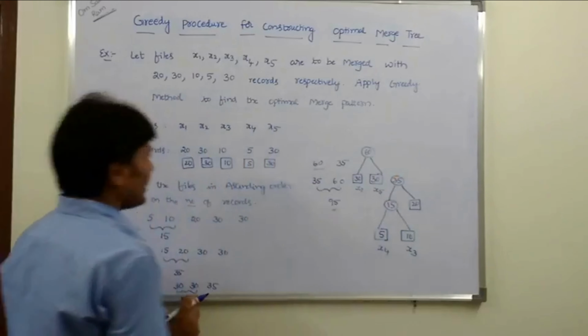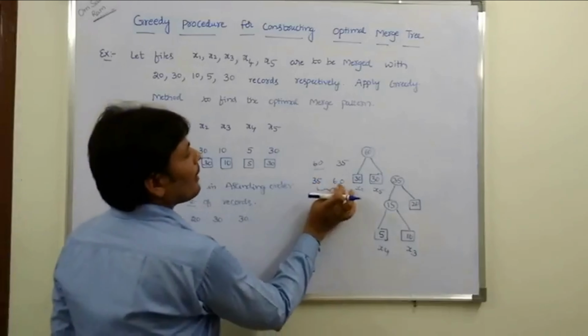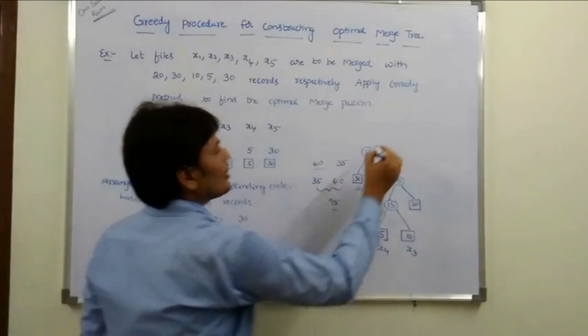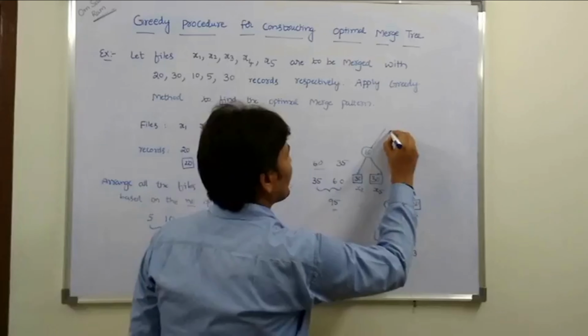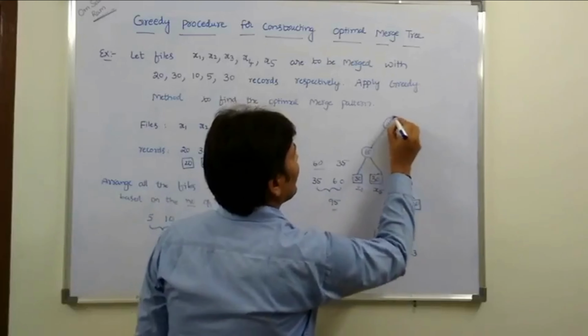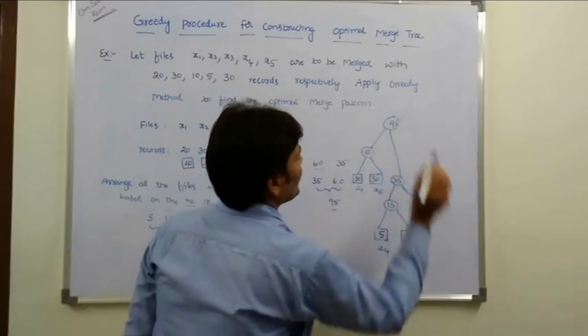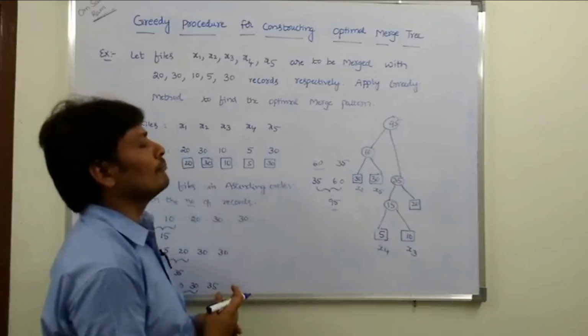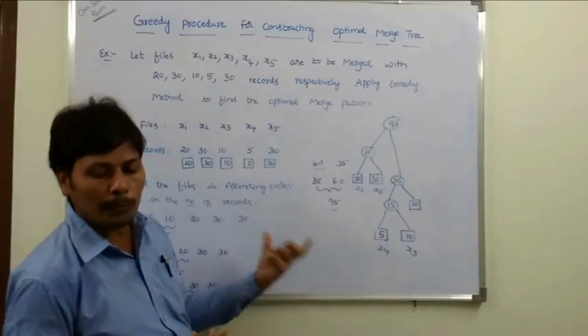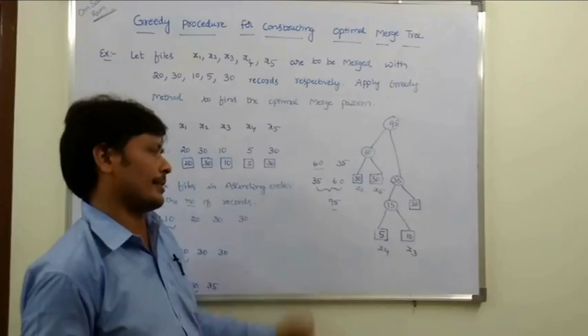Now finally we are getting 35 and 60. These two files are merged. We are getting 95. So this is the optimal binary merge tree.